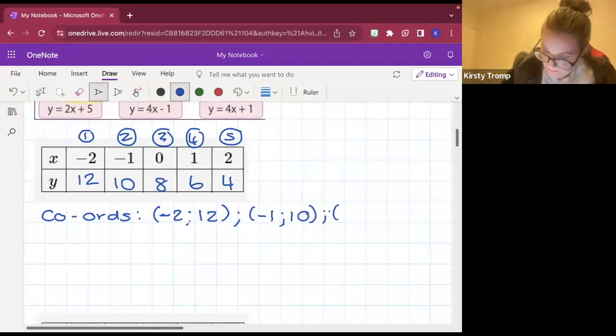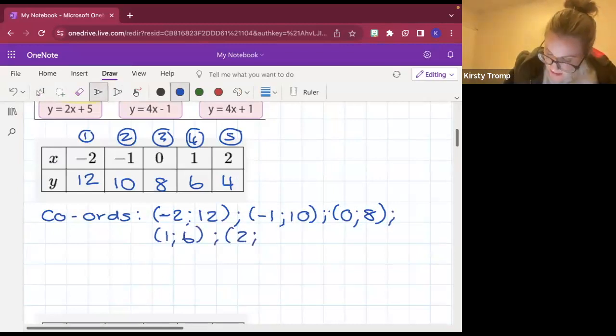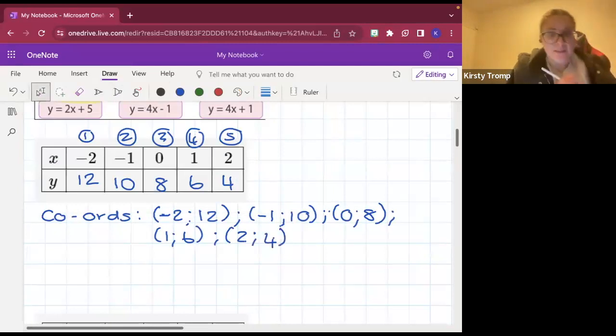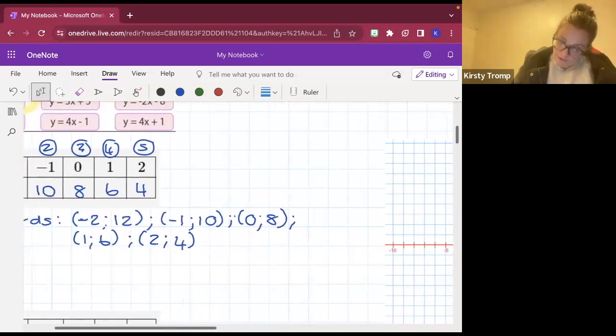Next one, x, y, x, y, and x, y. So I hope that in the test, you're all going to have the same head action when you're doing your test, or your exams next term, because that's how you're going to remember it. With the same attitude. All right, let's go plot these on our graph now.